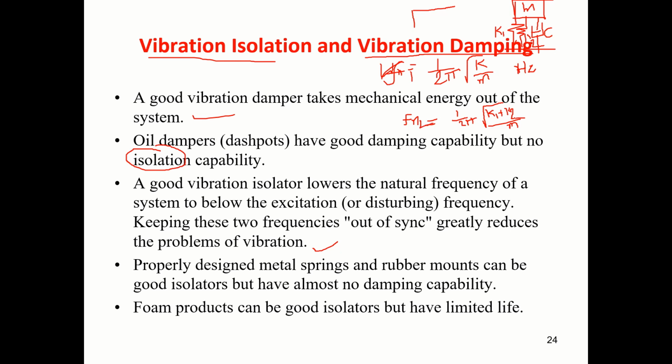This frequency is very different from this frequency. Right? Suppose my road excitation frequency is something nearer to this. The excitation frequency is nearer to this frequency. So there is a chance my vehicle undergoes a resonance effect.